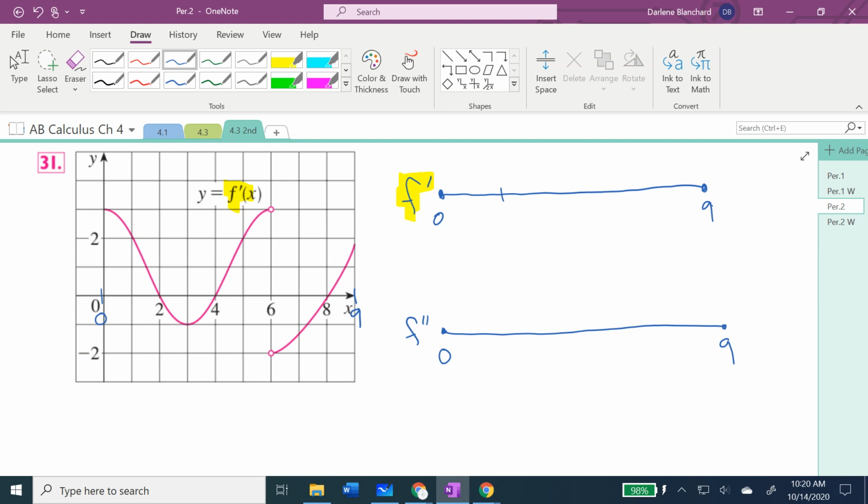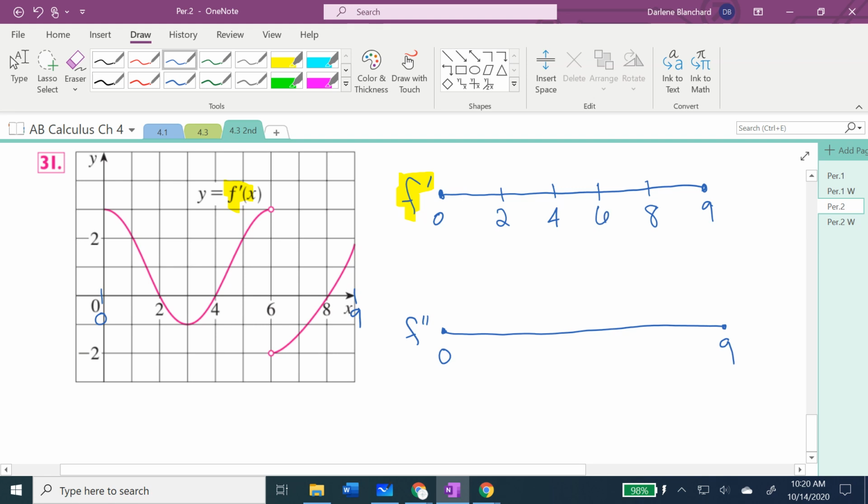So f prime is equal to 0 at 2, at 4, and at 8. But I have to look for anywhere that this function f prime is 0 or undefined. Is there a place where f prime is undefined? 6.